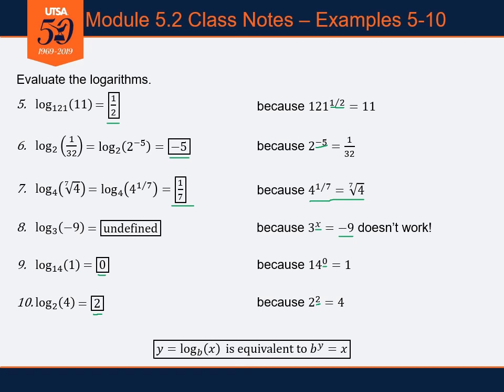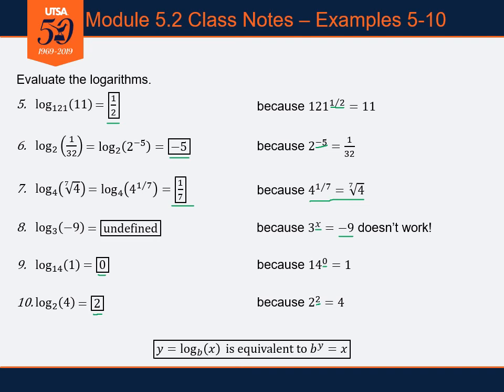You can't have a negative result in a logarithm. You can't have a log of a negative number. For that matter, you can't even have log of 0, because I can't raise 3 to a power and get 0. That actually brings in some domain restrictions for logarithmic functions that we will look at.